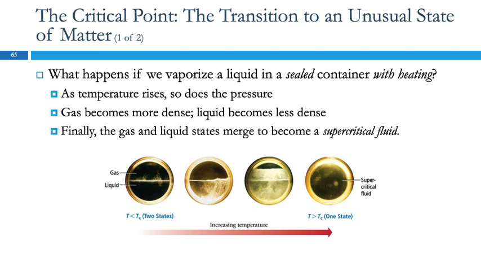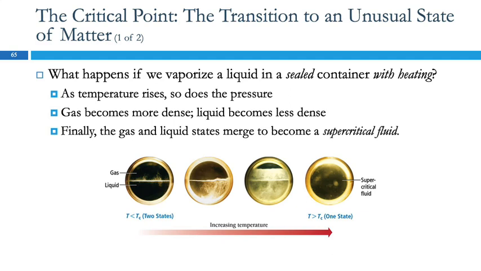As the pressure of this gas becomes greater, it becomes more dense. As we heat the liquid, it becomes less dense. And at a particular point called the critical temperature, these two states are going to fuse into one state that is neither liquid nor gas. It's called a supercritical fluid because it's above the critical point.